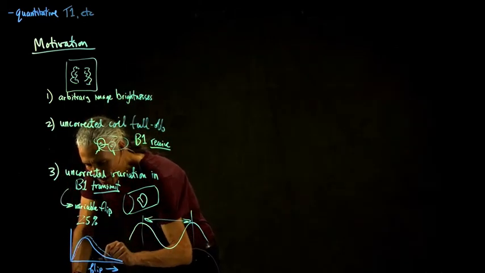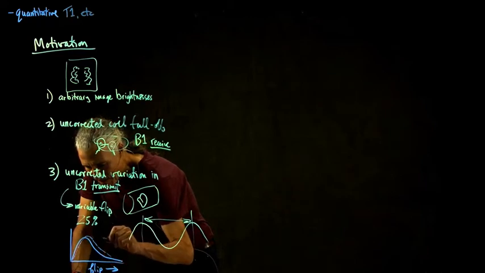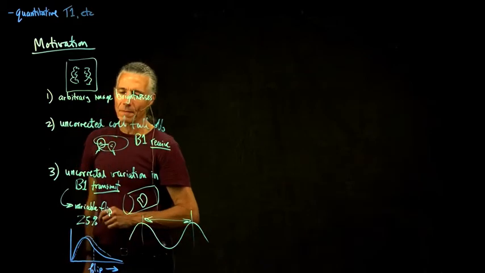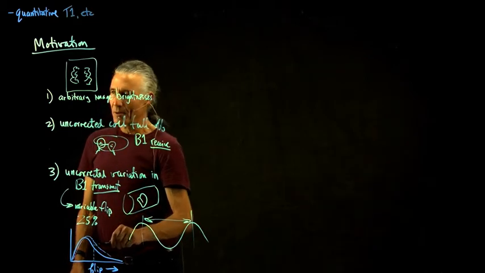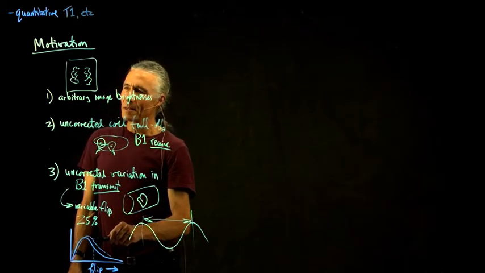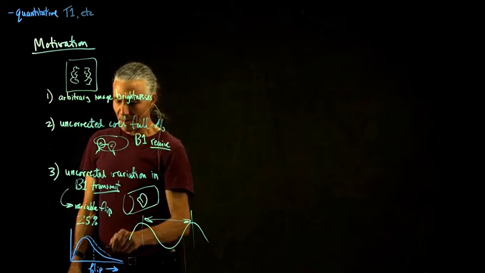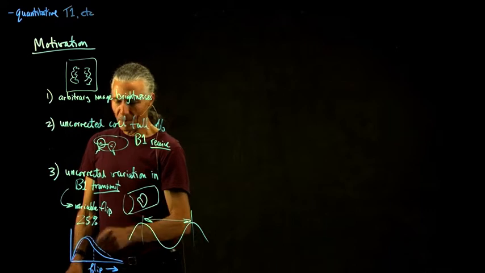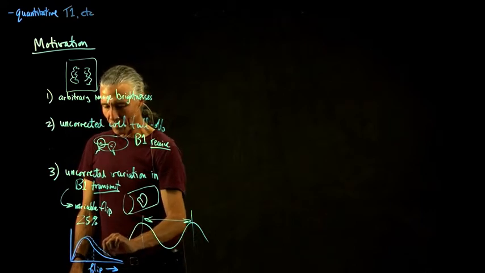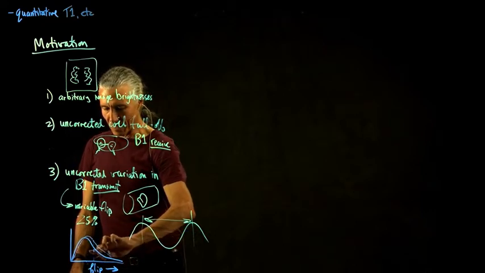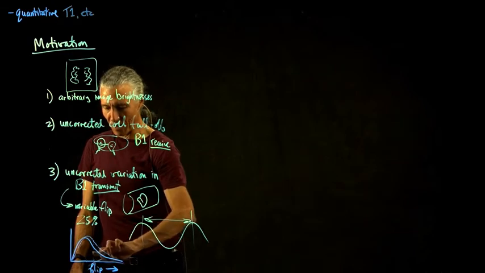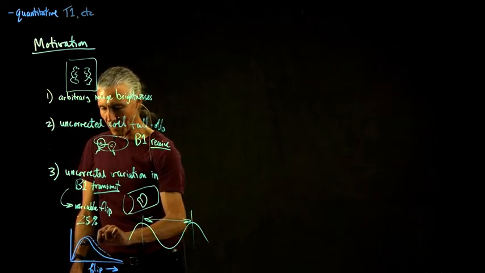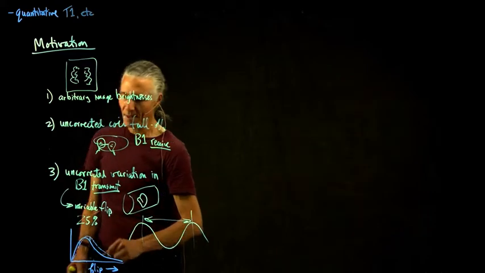So we said, well, why don't we go here and do that flip to get good contrast between the gray and white matter. But if you have a 25% variation in the flip angle, depending on what your flip angle is, you could even reverse the contrast in different parts of the brain if you accidentally ended up over here instead of over here.